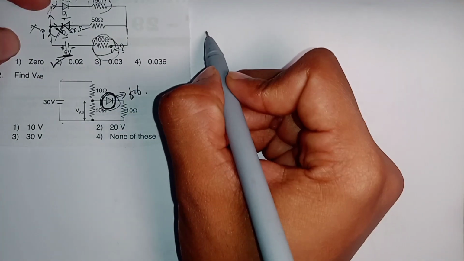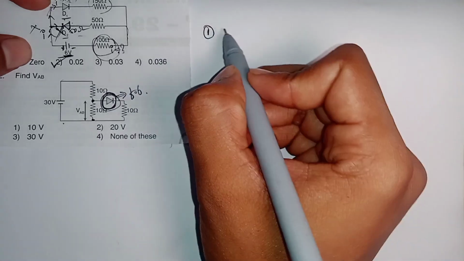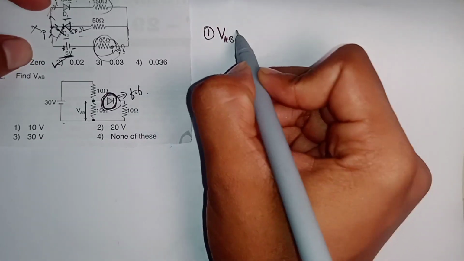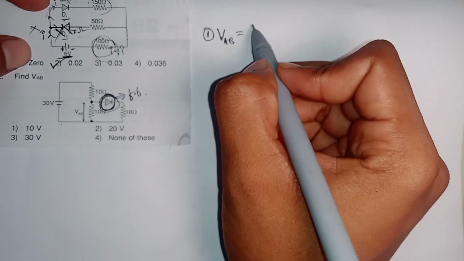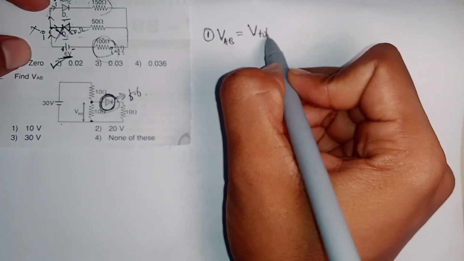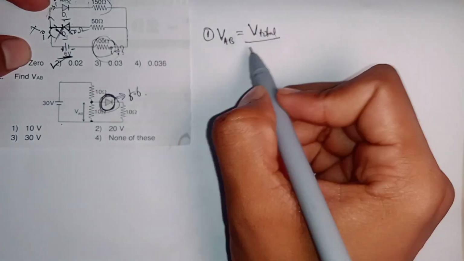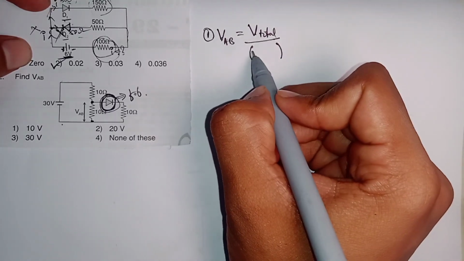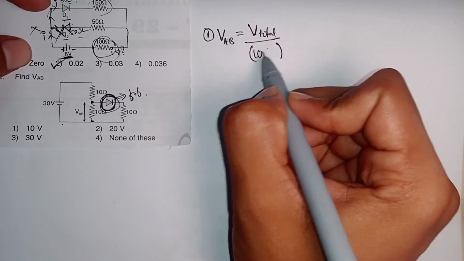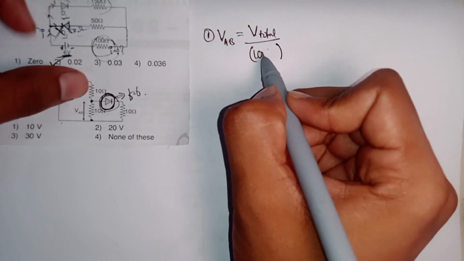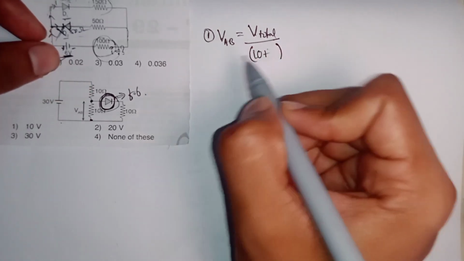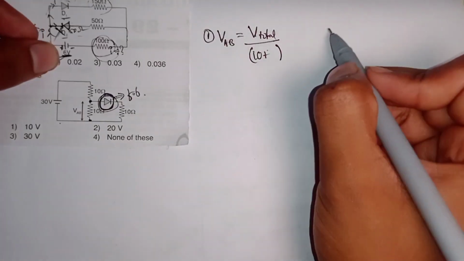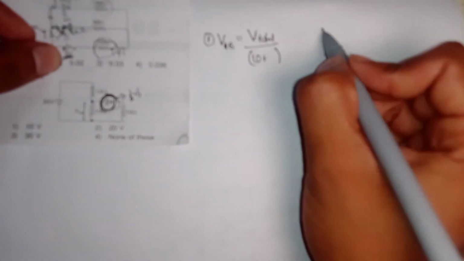Here you have to remember one basic formula: the voltage at any region, for example V at AB, is equal to the total voltage divided by the total resistance. Above it is 10, and below, if you consider them in parallel, you know how to easily find the parallel resistance.